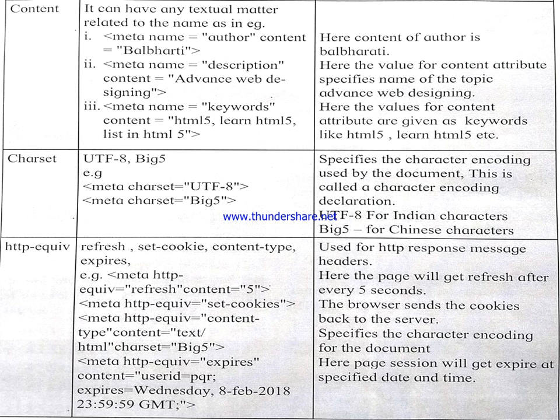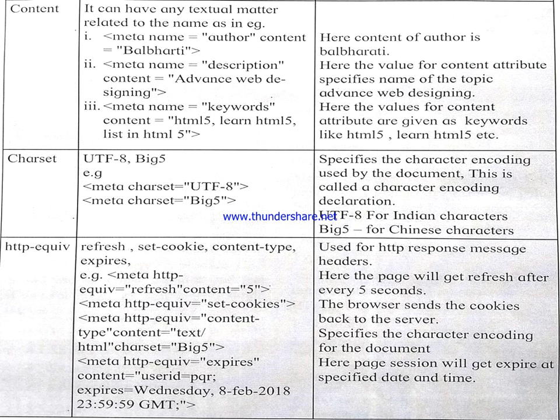And the third is meta name equal to keywords, which means whatever contents are introduced in the advanced web designing concept are specified by using the content attribute, that is HTML5, learn HTML5, or list in HTML5. So here the content of author is Bal Bharti.